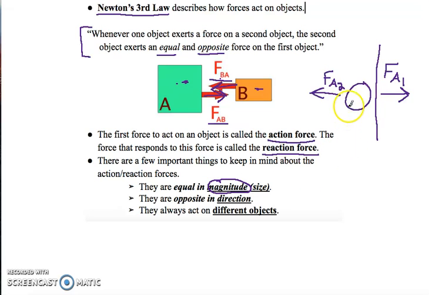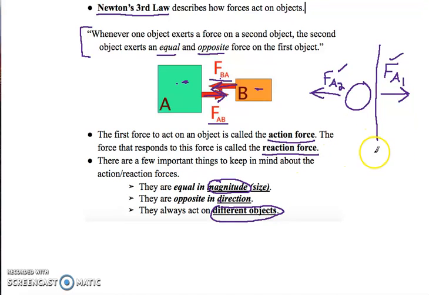These two forces up here, FA2 and FA1, are going to be the same size. They would have the same value. They're going to be opposite in direction. You can see FA1 is to the right, FA2 is to the left. And they're going to be acting on different objects.